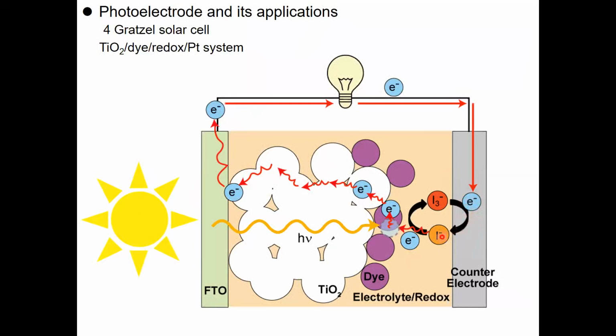And this electron is given back through the redox reaction, and the redox species give back the electron to the dye molecules. So just keep illuminating the light, and electrons, meaning the current, keep flowing inside this circuit.